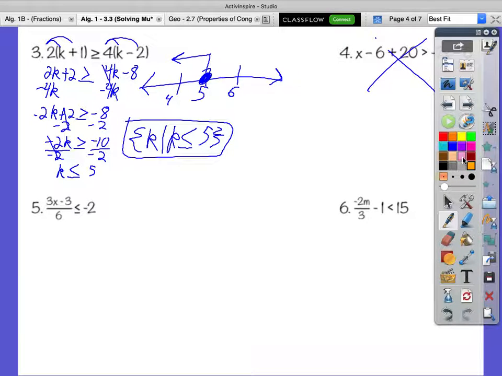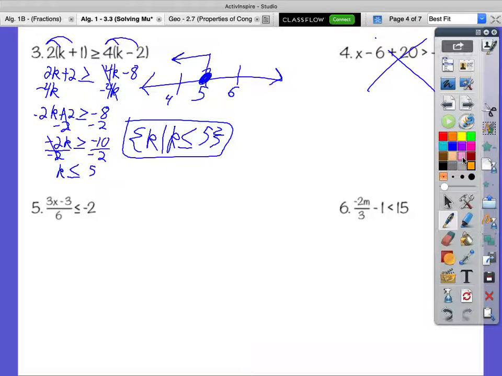3x minus 3 over 6 is less than or equal to negative 2. This is an equation. What would we have to do first? We always want to try and do SATMEP if we can. We want to try and do subtraction and addition if we can. But can we move this negative 3 yet? Is it free to move yet? No, it's currently being divided. So what do we have to do first with this division?